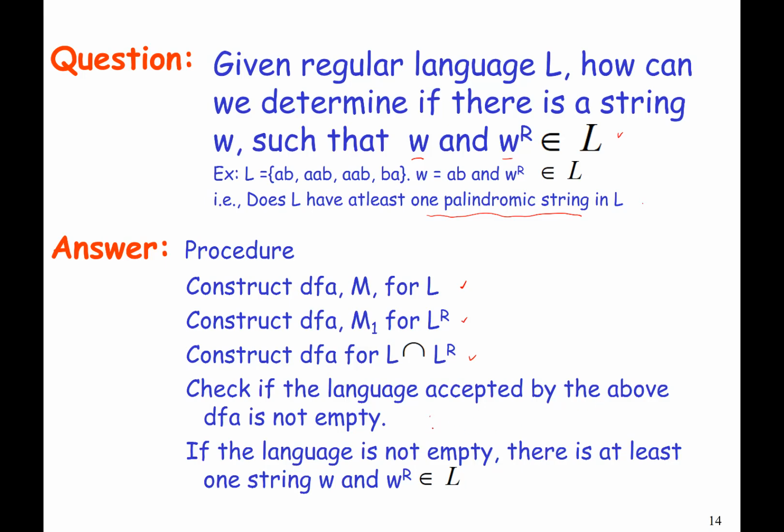That is, is there any one string which is accepted by the DFA constructed for L intersection LR? If the language is not empty, that means the strings W and WR are both in the language L. So this is a process by which we can construct an algorithm of DFAs to show that it is answerable to find out if W and WR are both in L.